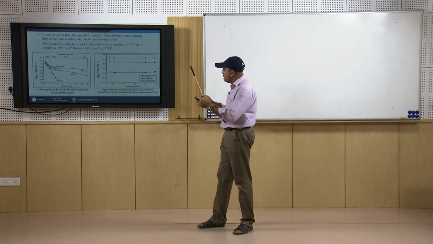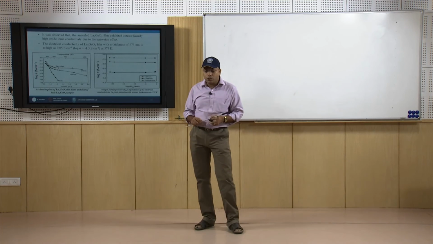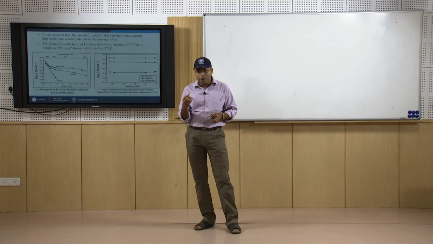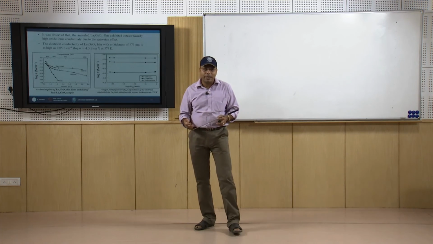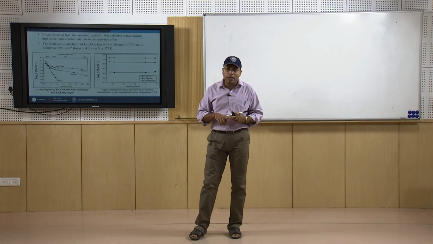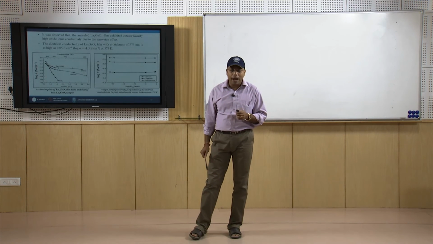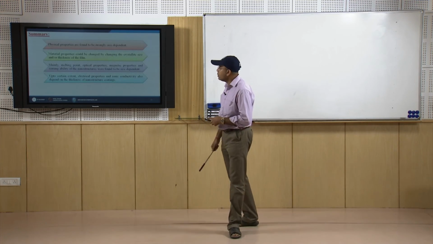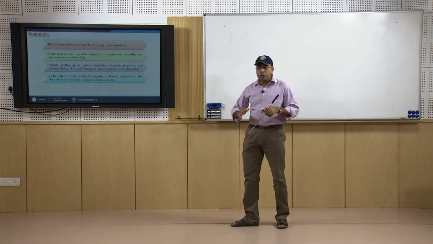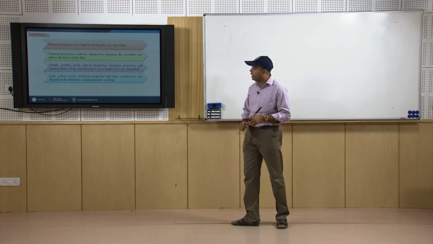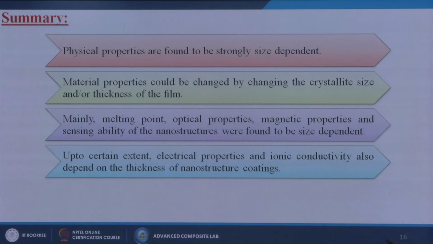So, these are all the techniques by which we can change the material properties from micro to nano, so that we can get better properties in terms of optical, magnetic, electrical conductivity, or any other physical and thermal properties. Now we have come to the summary of this lecture: physical properties are found to be strongly size dependent.